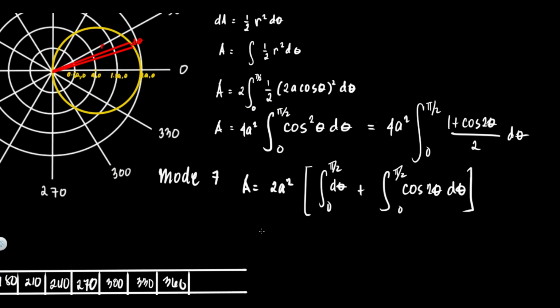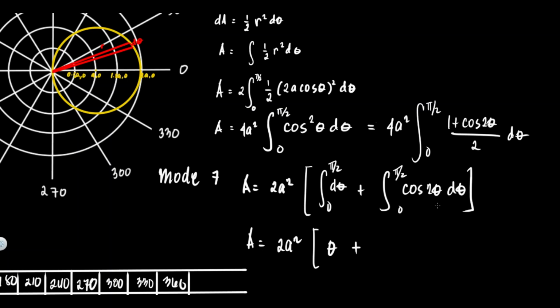Looks easy now, right? So we have 2a squared. What is the integral of d theta? Of course, theta. Plus, what is the integral of cosine 2 theta?